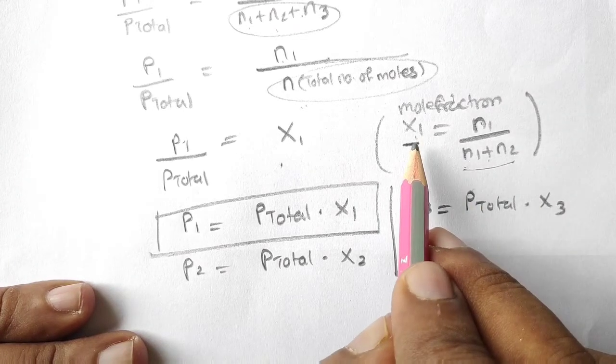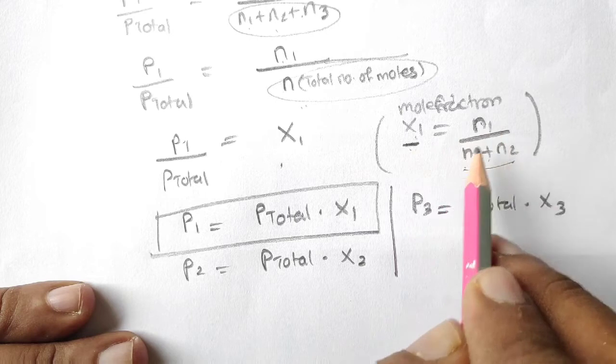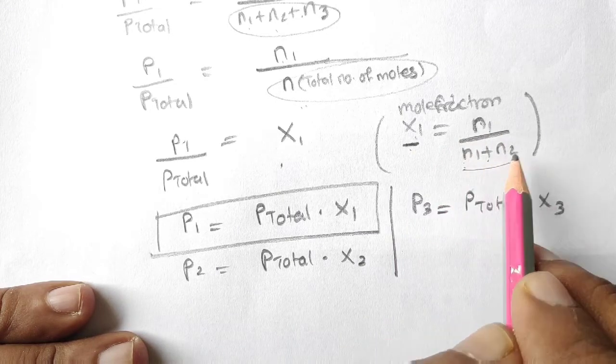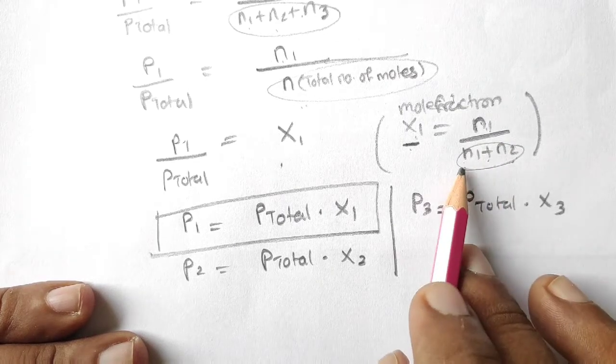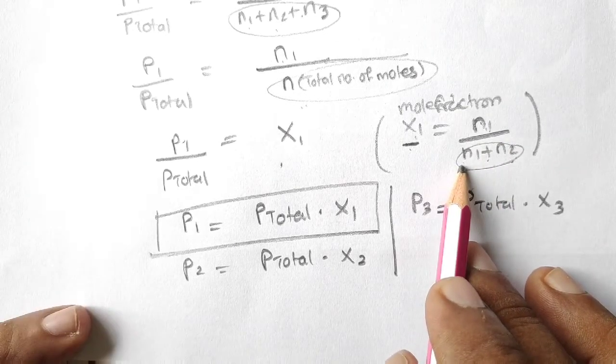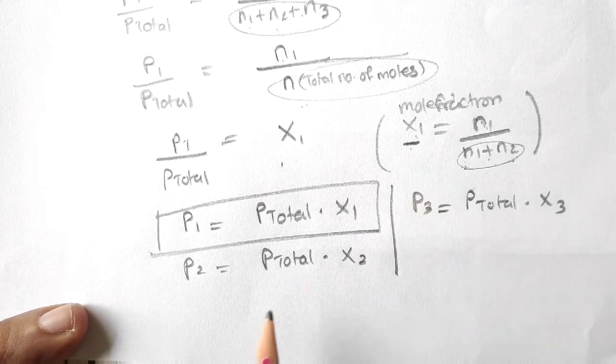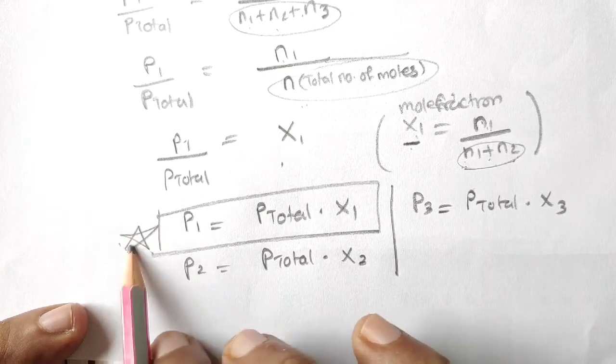Right? So X1 is equal to N1 upon N1 plus N2, the total number of moles, that is moles upon total number of moles. You will be studying this in chapter 1, or you must have studied it. If not, we will discuss it in the next videos. So this is the formula you have to remember.